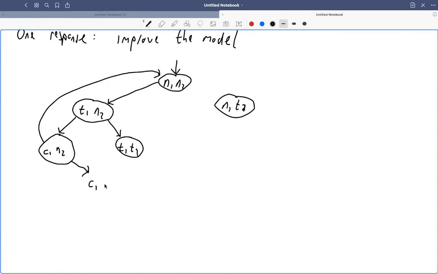So critical 1 and process 2 is trying for the resource. So if T1 and T2 are both trying for the resource, then we could grant access to C1.